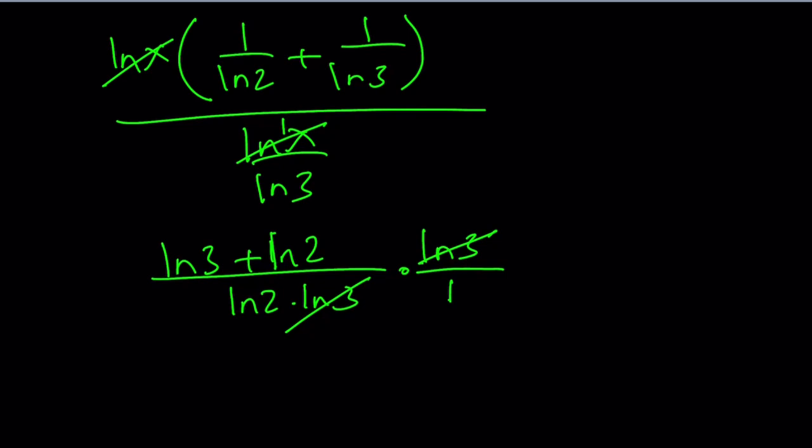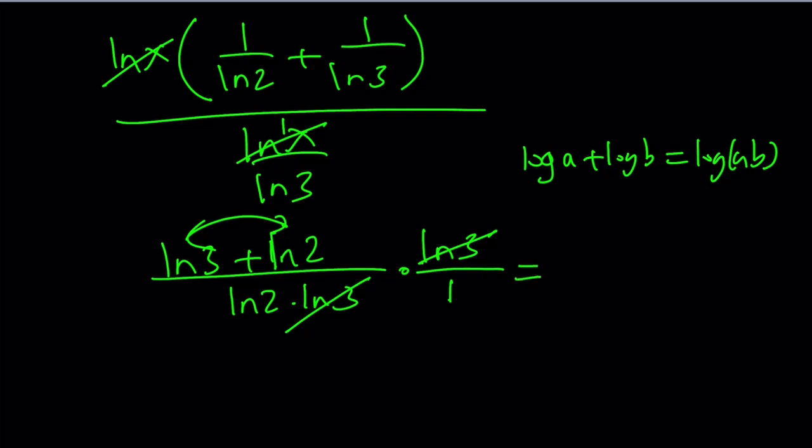Now we can combine these two things. Remember the property of logs: if you have log a plus log b, you can write it as log of a times b, as long as a and b are both positive. So we can write ln 3 plus ln 2 as ln of 3 times 2, which is ln 6, and just divide it by ln 2. So that is the exponent.